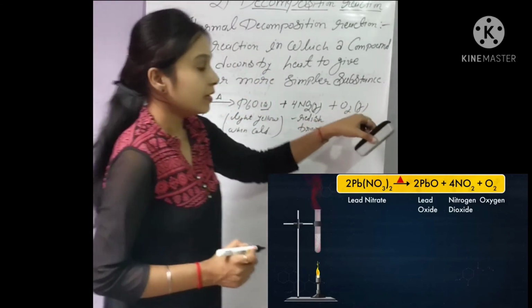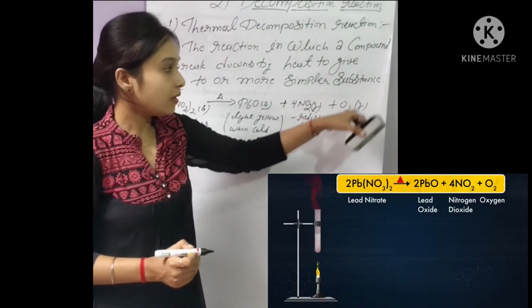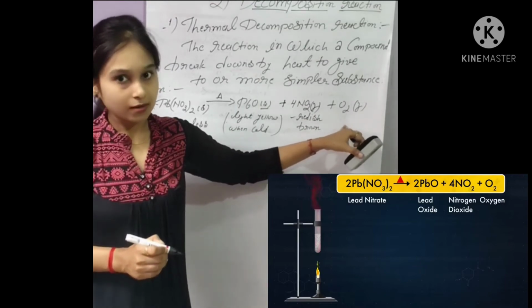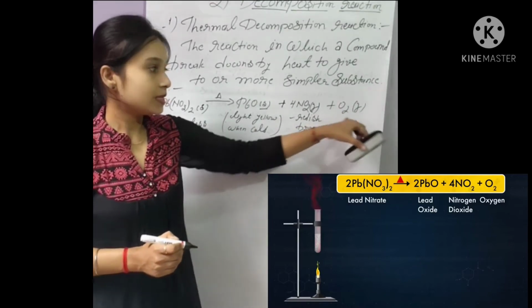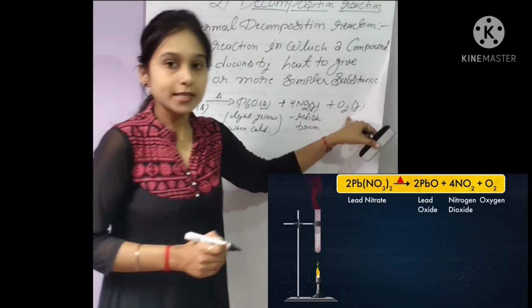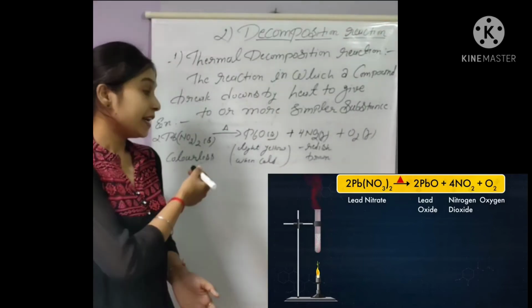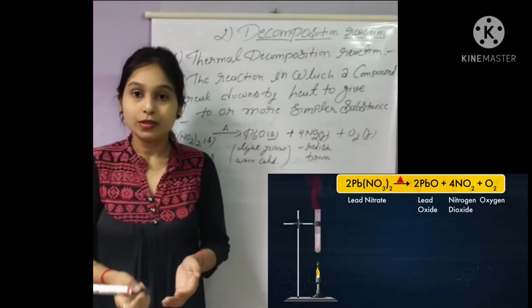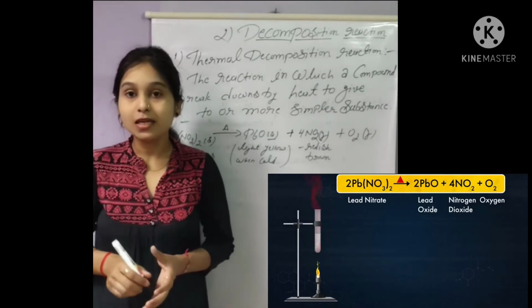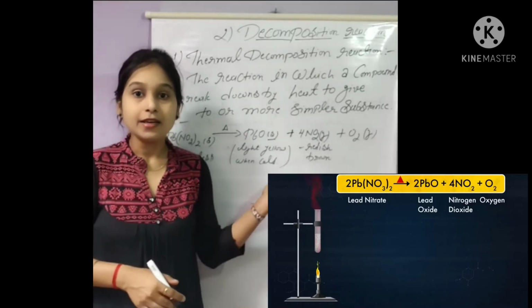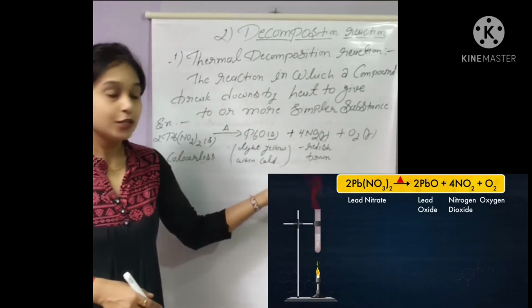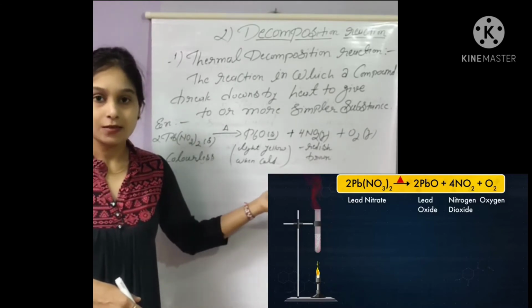The last compound is oxygen, which is also in gas form. So reactants break down with the help of thermal heat energy, the reaction is completed, and two or more substances are formed.